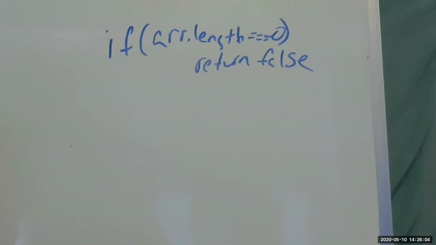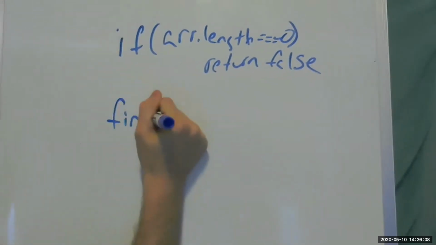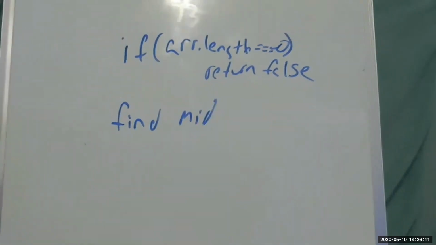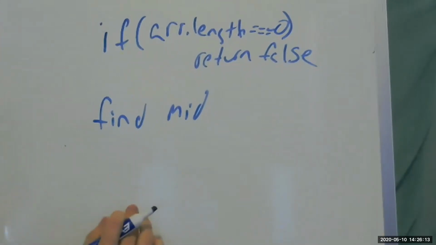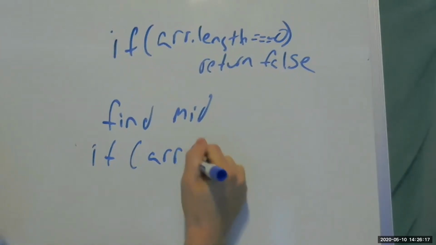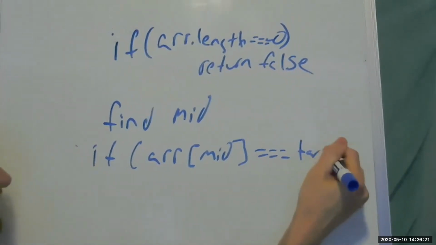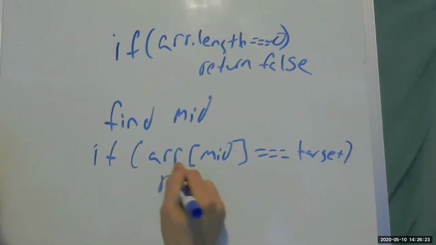So that's the only base case? It's the only base case we'll need. Then we'll find our mid. If array at mid equals our target, we return our mid.